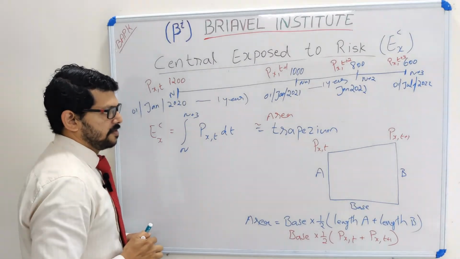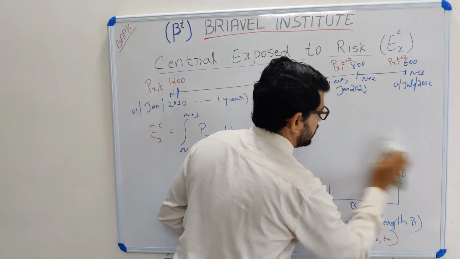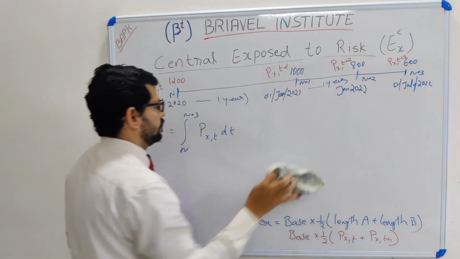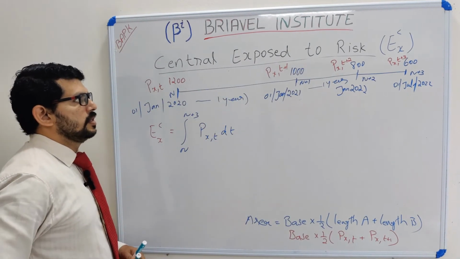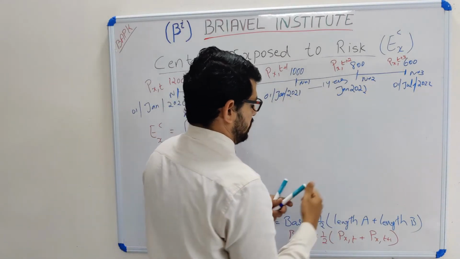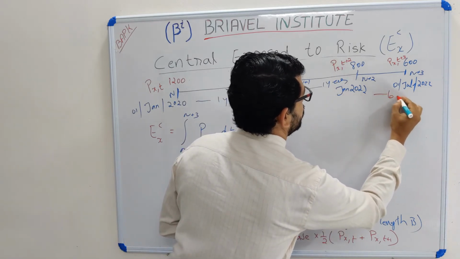How to find the area of a trapezium? Here the number of years is not 1 year. Here we are considering 1 year, another 1 more year, and another 6 months.